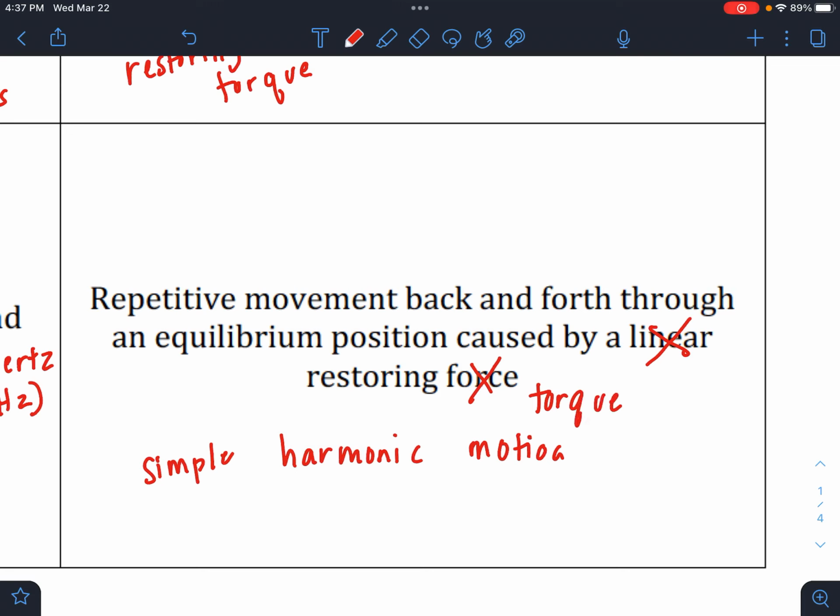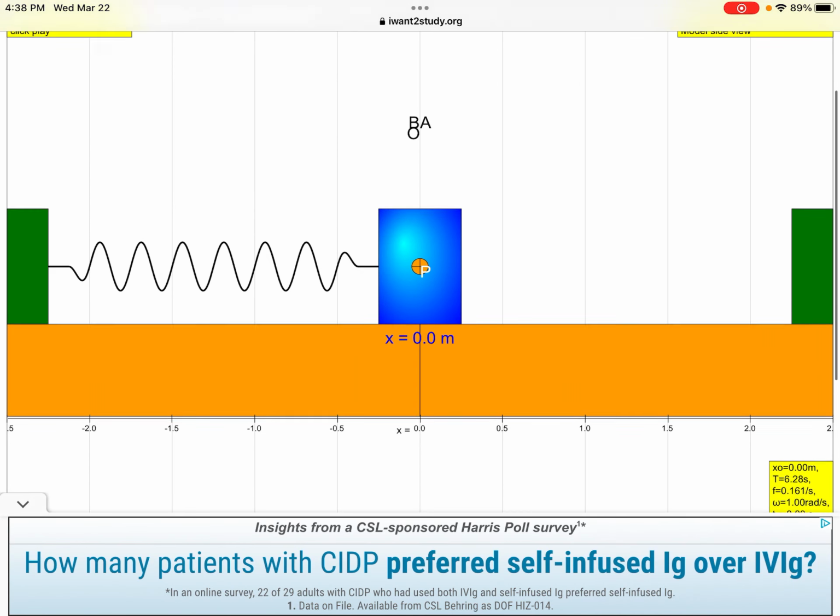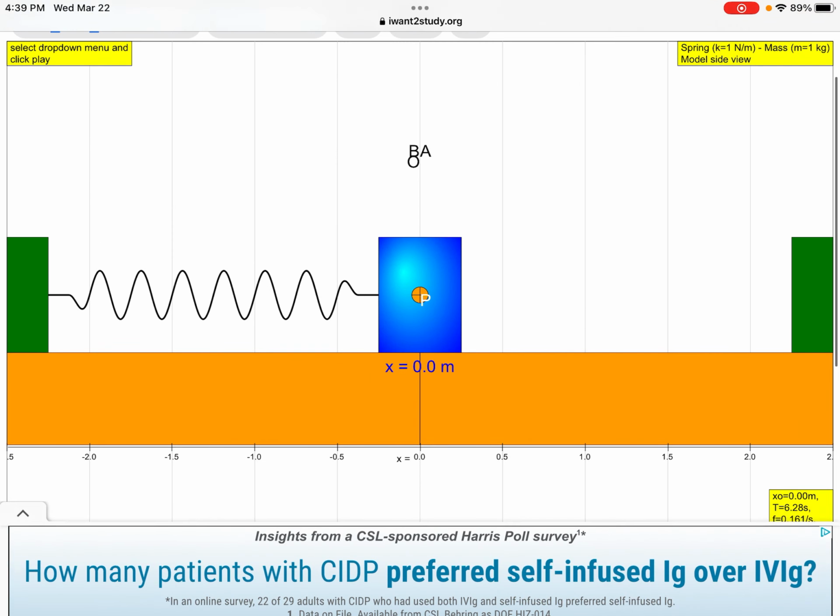Okay, but I don't want to rewrite that whole statement. So repetitive movement back and forth through an equilibrium position caused by a restoring torque is simple harmonic motion. And my N does not look like an N here. I'm going to rewrite that. And by the way, I routinely abbreviate this as SHM. There we go.